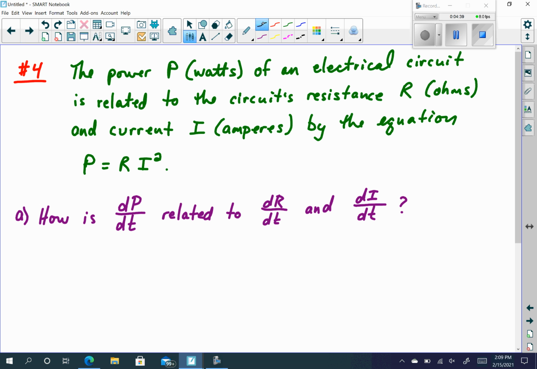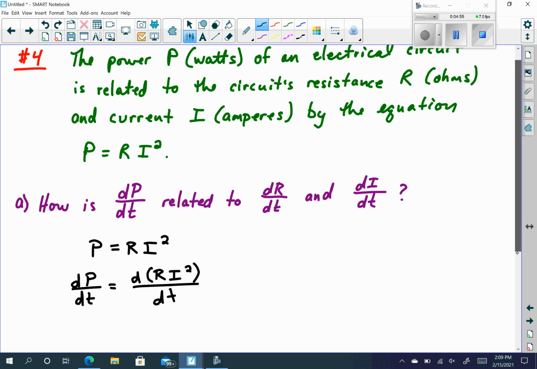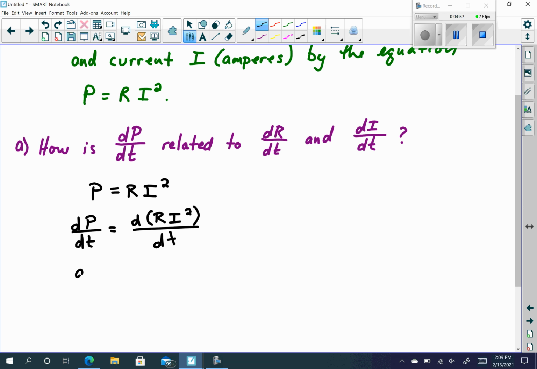So just like the last problem, I'm going to start with the equation P is equal to R times I squared, and I want to take the derivative of each side. So here's my dP over dt. How does that relate to this derivative here? So the dP over dt is going to stay. And when I take the derivative of the right side, I have to use the product rule.